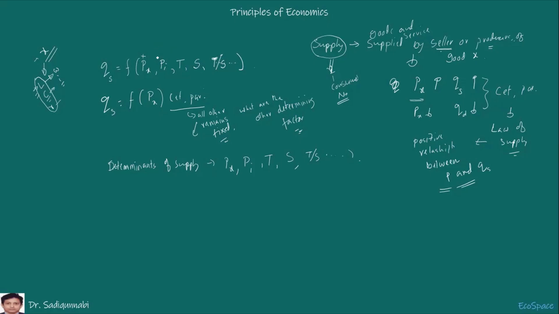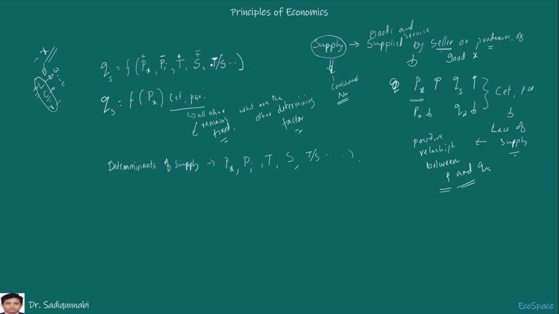Pi increases means QS decreases, so negative. What about this, T? Positive. Why? Because if technology improves, then there is more supply. What about this, S? Plus minus, because it can increase or decrease depending on the season.